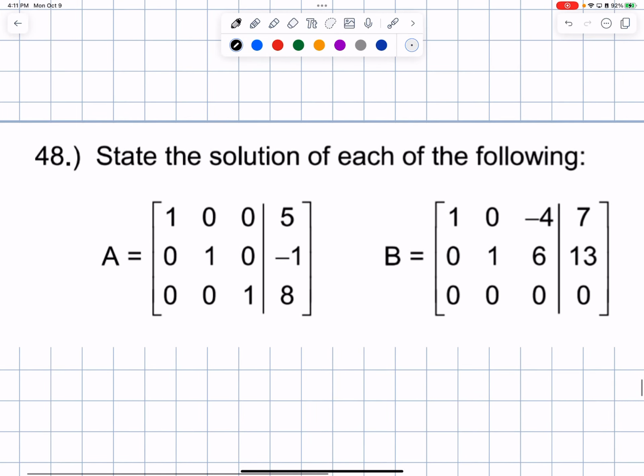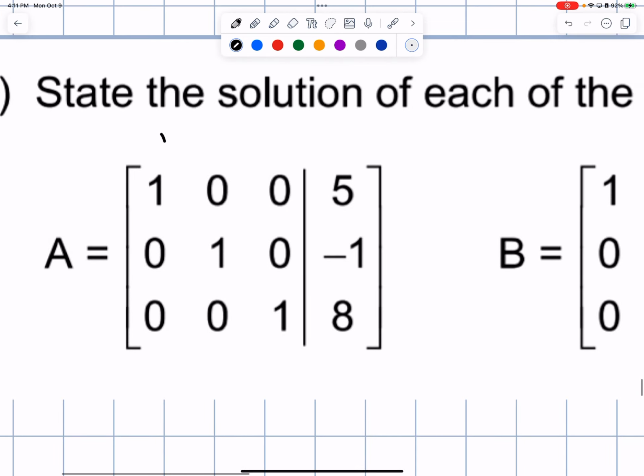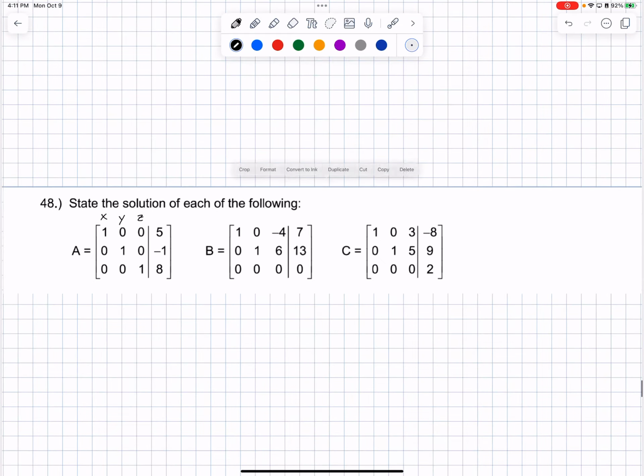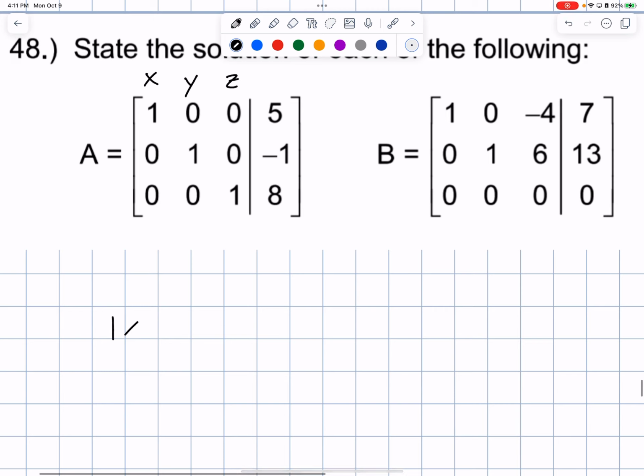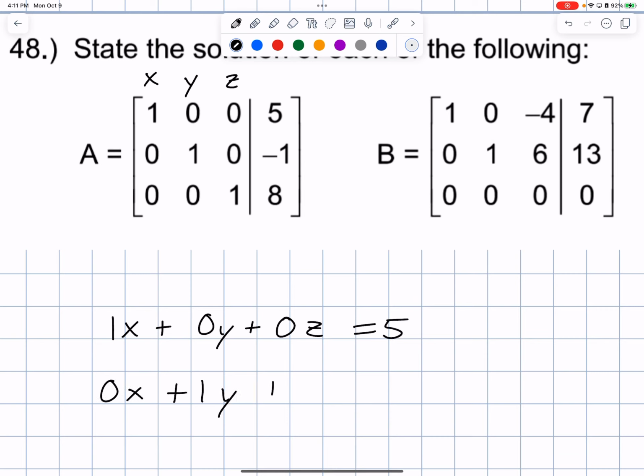Okay, write the solution. If you remember, this column is x, this column is y, this column is z, and this column on the other side of the bar is the answer. So that first row says 1 times x plus 0 times y plus 0 times z equals 5. The second row says 0x plus 1y plus 0z equals -1.